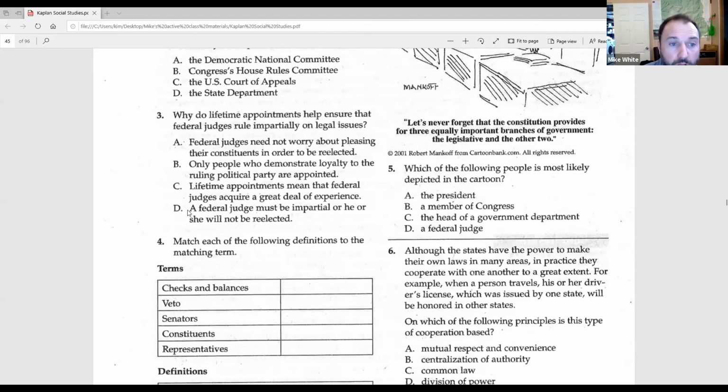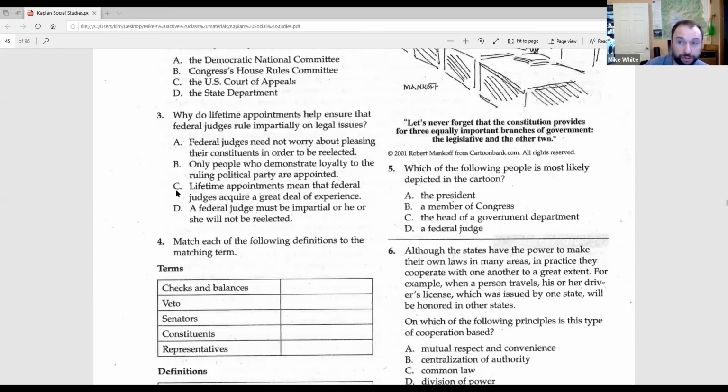And so then, ultimately, between A and C, those are our best options. A says federal judges need not worry about pleasing their constituents in order to be reelected. Or C, lifetime appointments mean that federal judges acquire a great deal of experience. Both sound like pretty viable answers. But ultimately here, if you chose A, you would be correct.